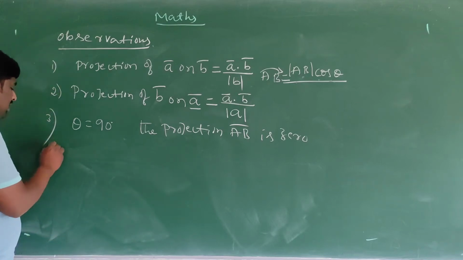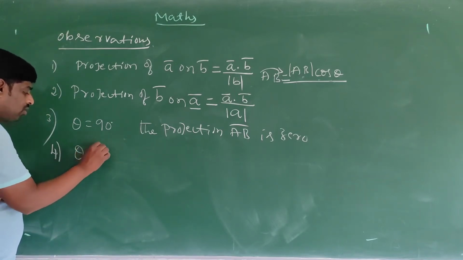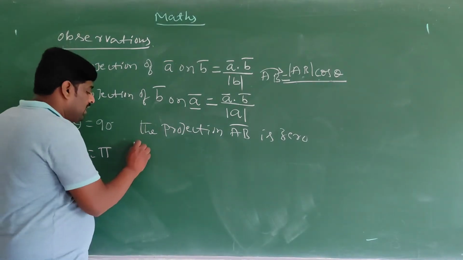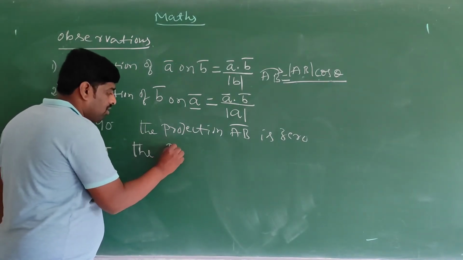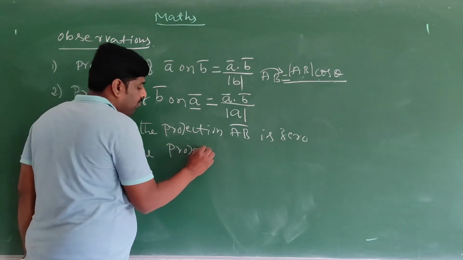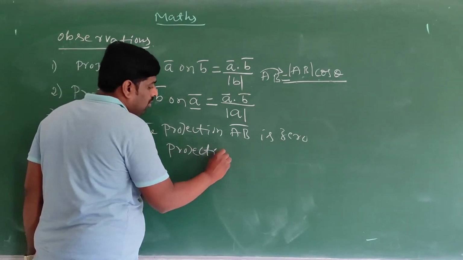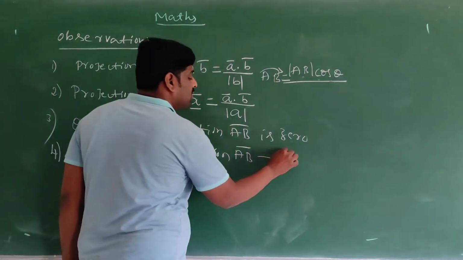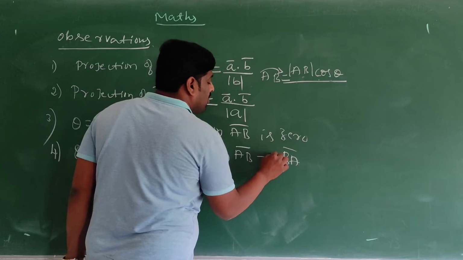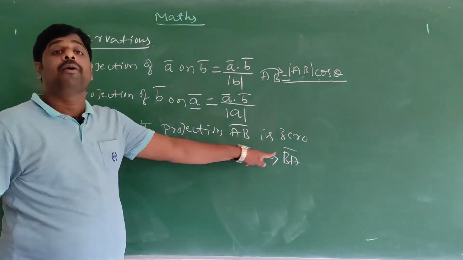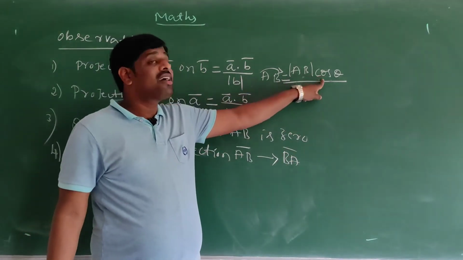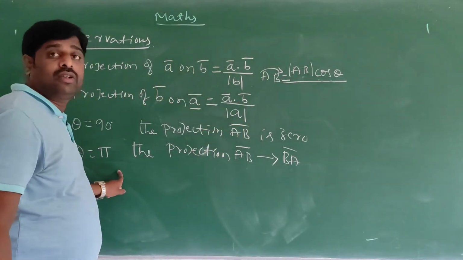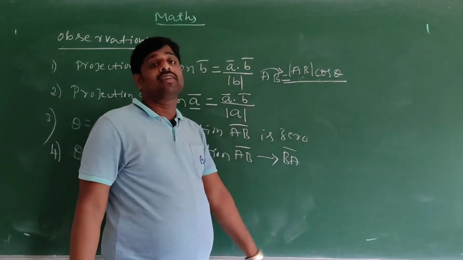Similarly, if theta is equal to pi, the projection of AB bar will be negative, that is BA bar, because cos 180 is minus 1.